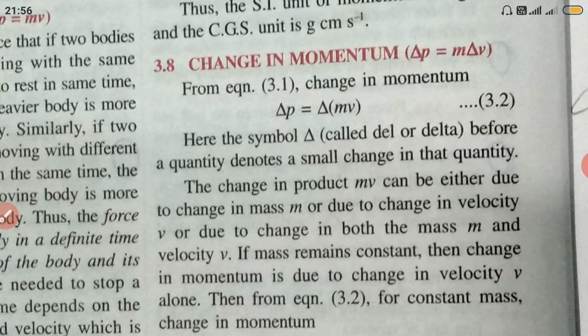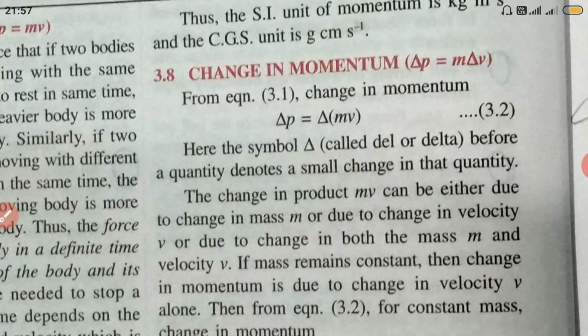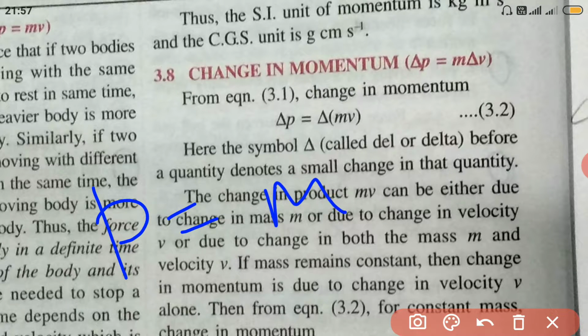So if you want to change momentum, or if momentum changes by itself because of some force and some energy, then this change can occur because of the change in mass or change in velocity, because momentum p was equal to mv, right?